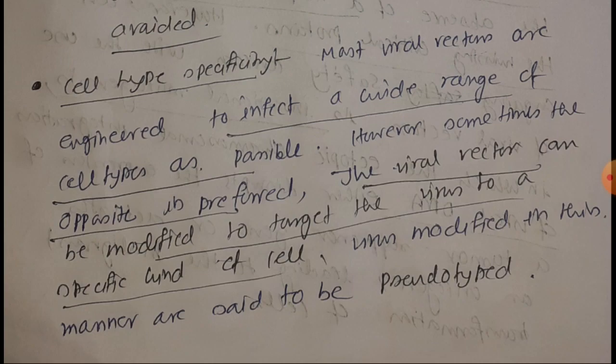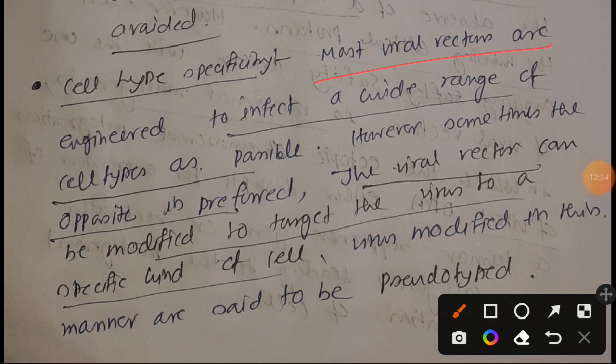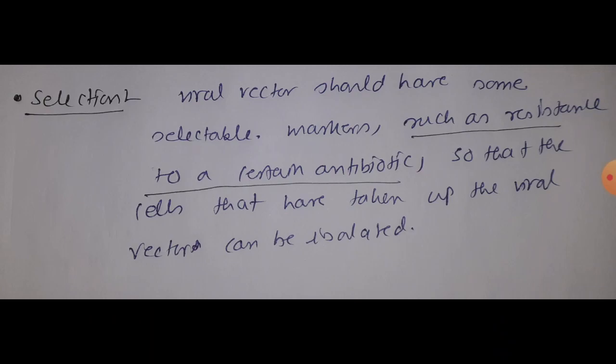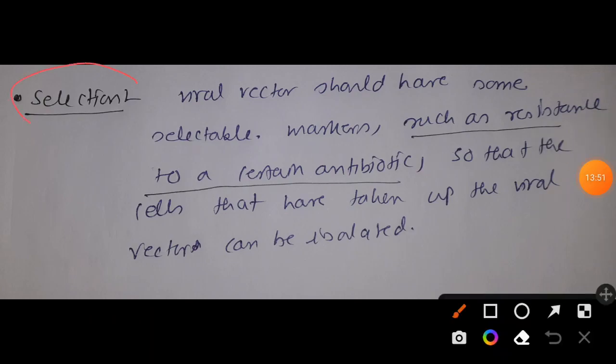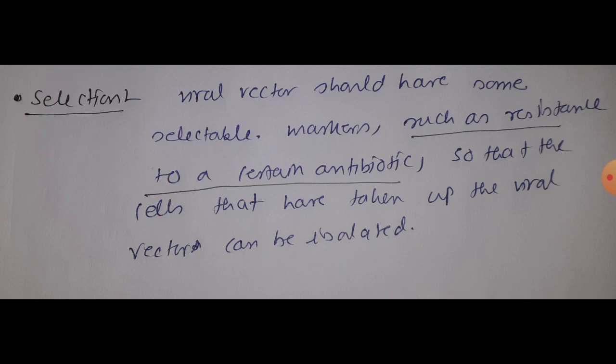If we need to transfect a wide range of cell types, we can modify the viral vector that way, or if our goal is to transfect only a specific cell type, we can use pseudotyping to develop our viral vector in that way. And the last important one is selection. Selection will ensure the presence of the viral vector inside the cell, and it is nothing but an antibiotic resistance gene. So those are the key features of the viral vector that you need to know.